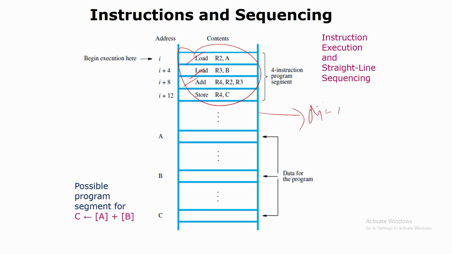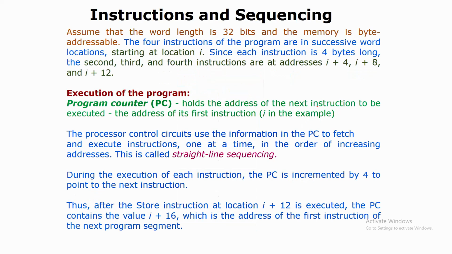Those things are diagrammatically represented here. The next thing we are going to see is instruction sequencing. The processor executes instructions in a sequential manner under the control of the program counter.